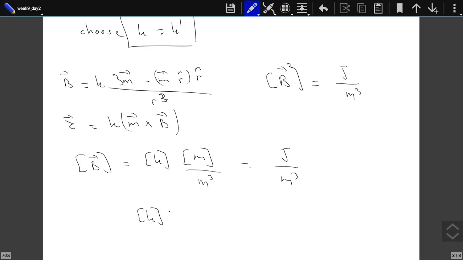Or the unit of K times the unit of M, the magnetic dipole moment, should be equal to joules. No, sorry, I have this squared. Unit of K squared times unit of M squared should be equal to joule squared meter cube. So this is one relation I have.